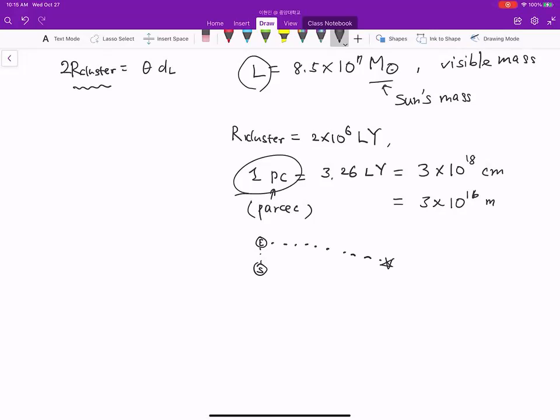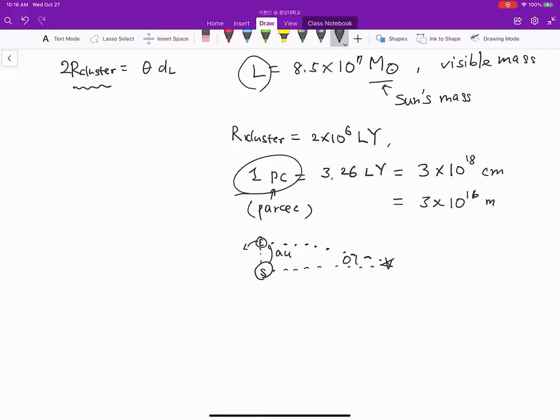If we want to measure the distance to the stars, there's the sun and the Earth. The Earth is rotating around the sun, and this is the AU, the astronomical unit, the distance between the sun and the Earth.